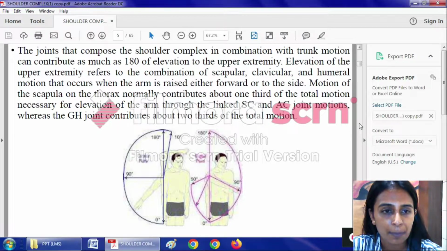Motion of the scapula on the thorax normally contributes about one-third of the total motion necessary for elevation of the arm through the linked SC and AC joint motions, whereas the GH joint contributes about two-thirds.